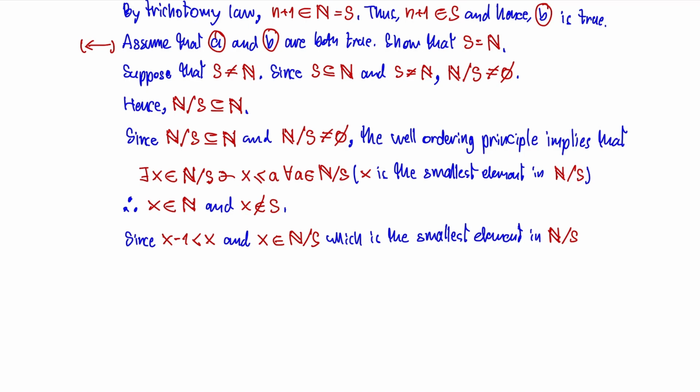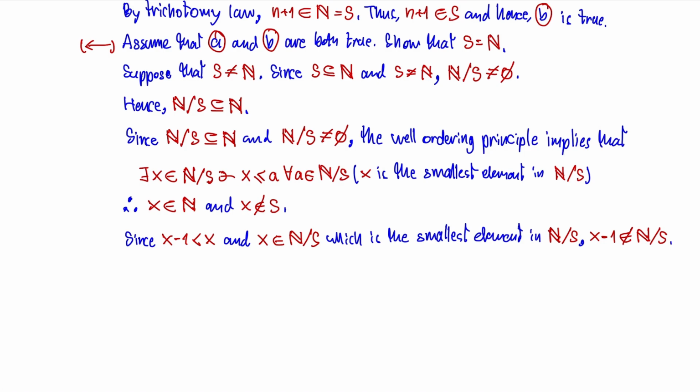What does it mean by this? If you look at x minus 1, that is less than x, and x is the smallest one. This means that x minus 1 is not in this set. Okay? It's not, because it's less than x, but x is the smallest. So x minus 1 is not in this set, the set of natural numbers minus set S. It's not in here.